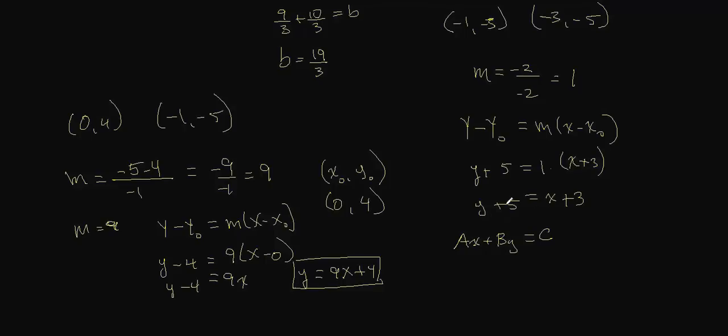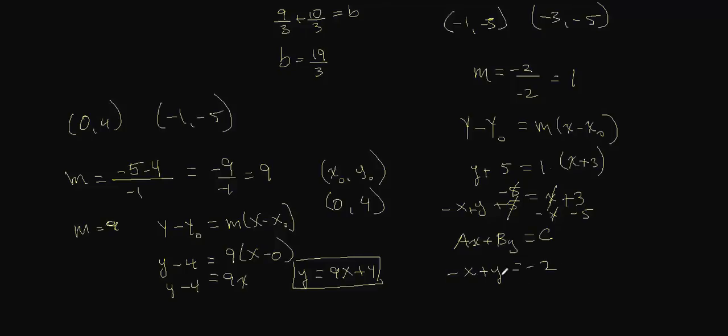So I will subtract x from both sides, so I'm going to get minus x plus, there's a positive there, plus y equals, and then of course I got to subtract 5 from here, subtract 5 from 3, so this cancels out there, and then these cancel out there, and 3 subtract 5 will give us -2.